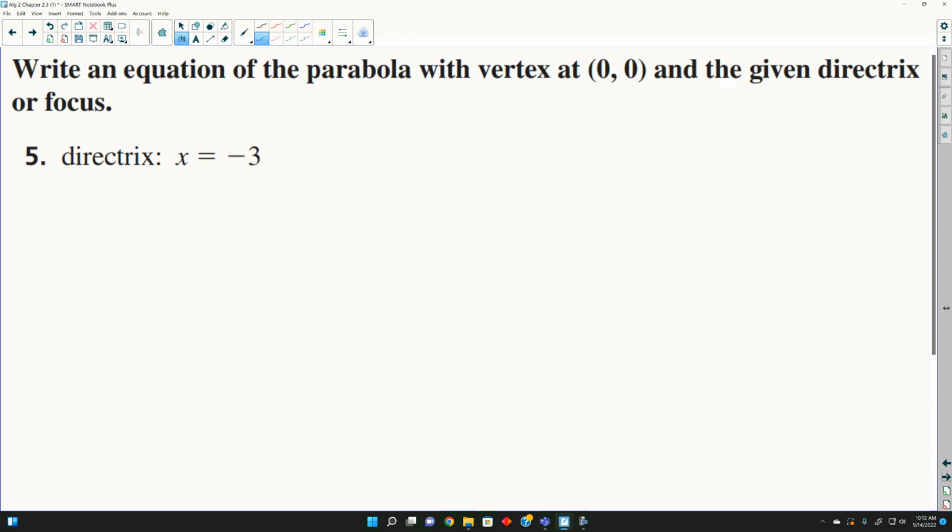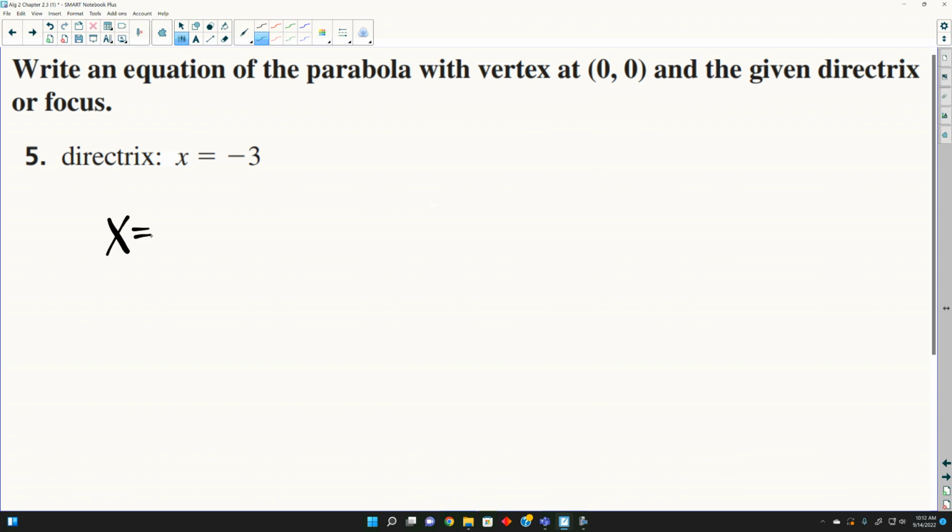Now this one here, they didn't give us a graph, so we can't use the graph itself to tell which one is up and down or left and right. But what did they tell us? They told us the directrix is x equals negative 3. And looking at these two general forms, which one uses x equals for the directrix?